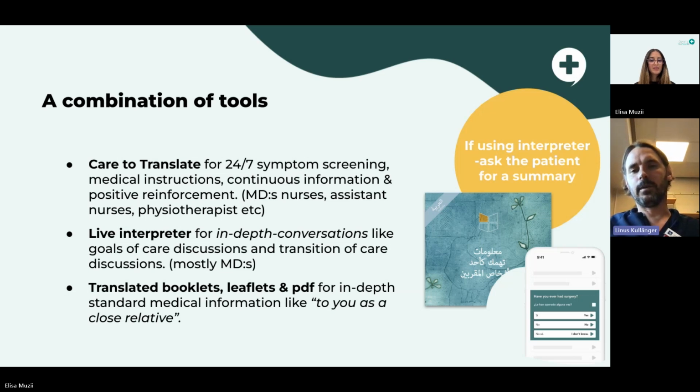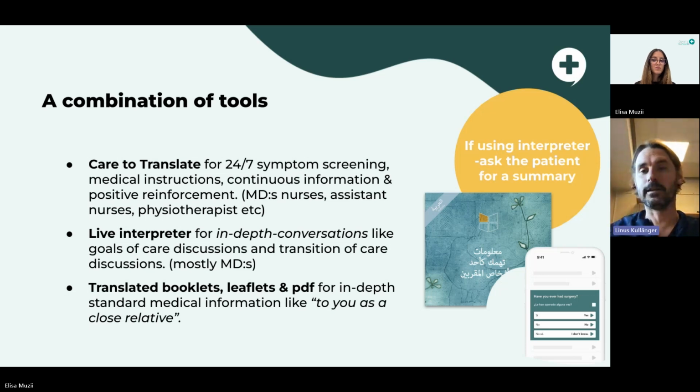And now I handed out one in another language, so they can read about it in their own language. For example, this one is an example. We have translated one for a non-profit organization called Betania Stiftelsen, which is named To You as a Close Relative.